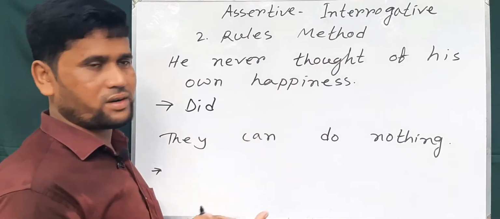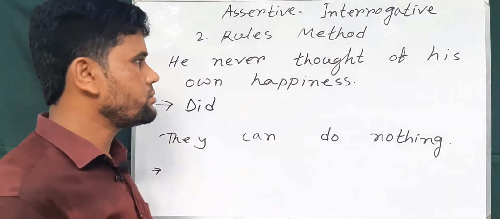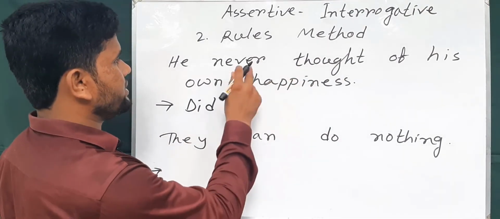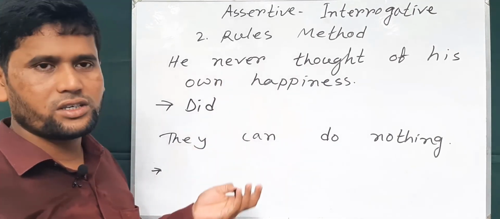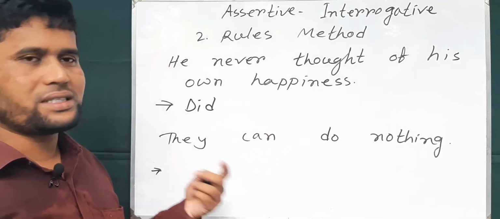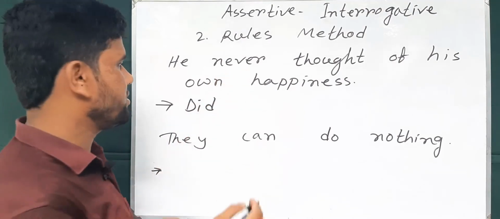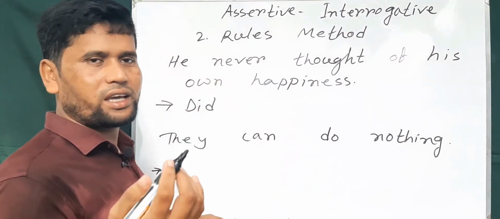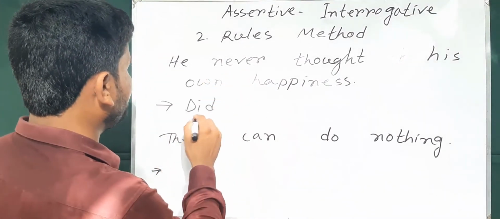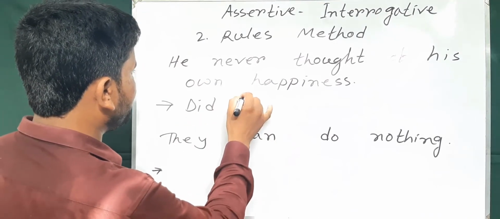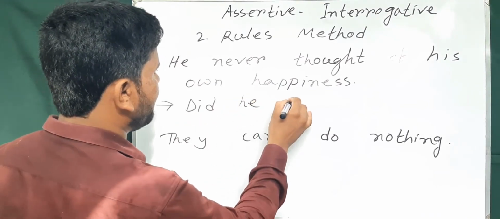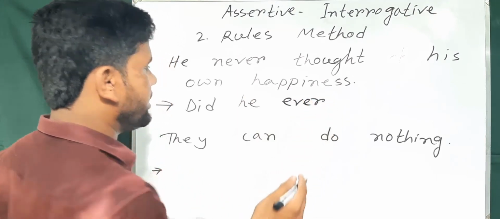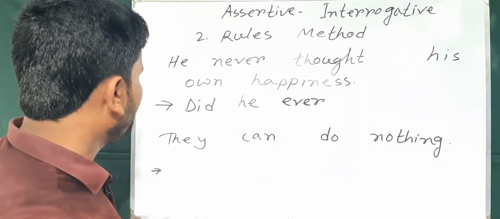Think is the present form, thought is the past form of the verb, did, and the sentence is negative, so we need not write not. Besides, when we find never, we use ever, just here. So first did and then he, and ever instead of never.